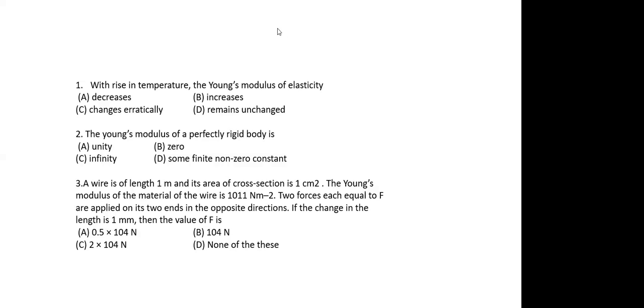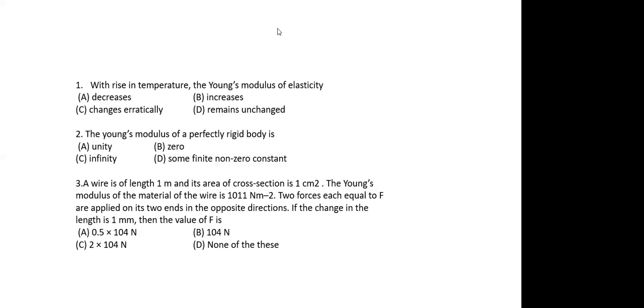Going for the next question, students. It is a numerical question. A wire is of length 1 meter and its area of cross section is 1 centimeter square. Then the Young's modulus of the material of the wire is 10 to the power of 11 Newton per meter square.